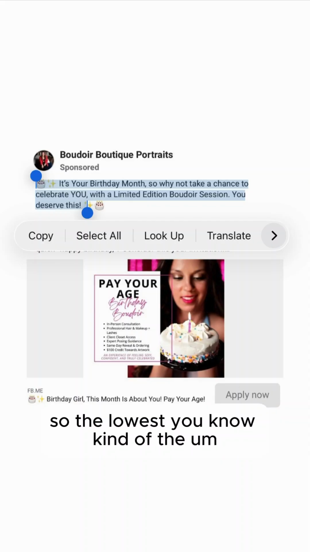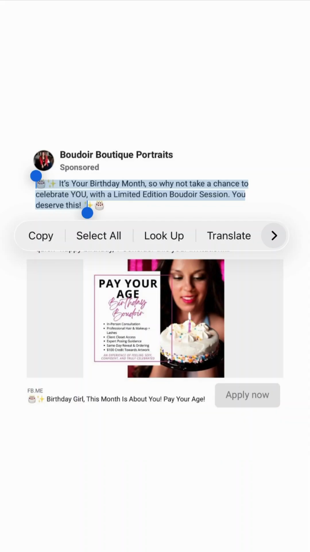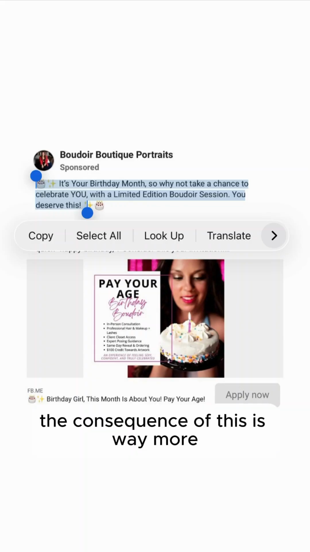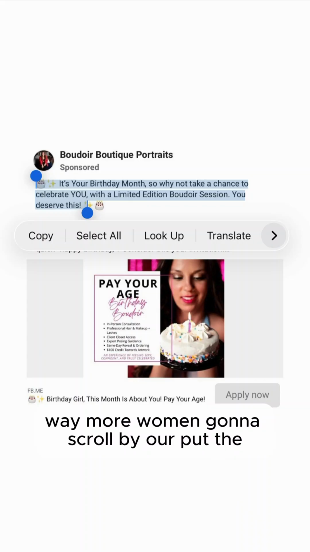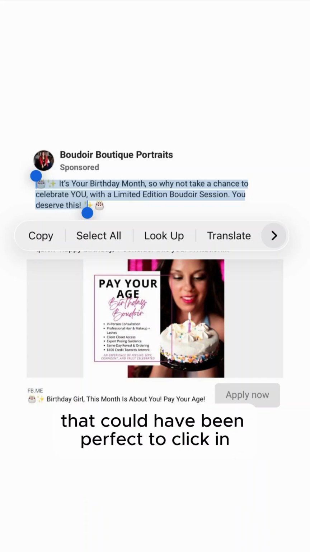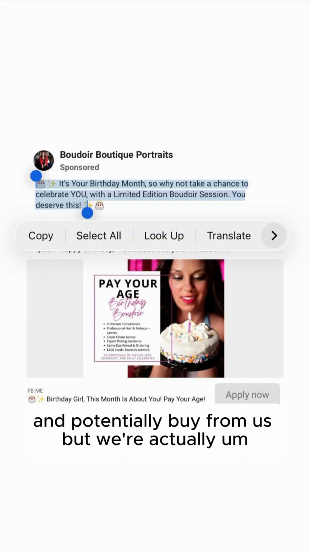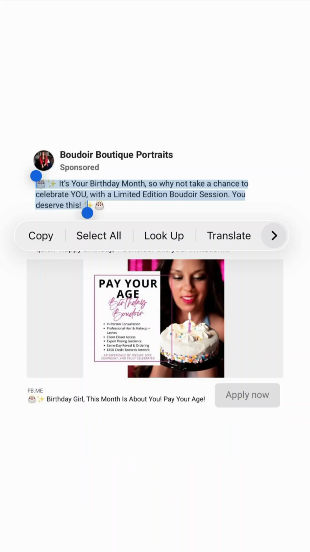The consequence of this is way more women are going to scroll by our Boudoir Facebook ad than necessary, women that could have been perfect to click in and potentially buy from us.